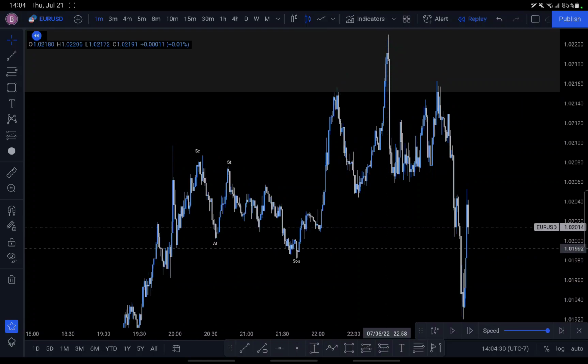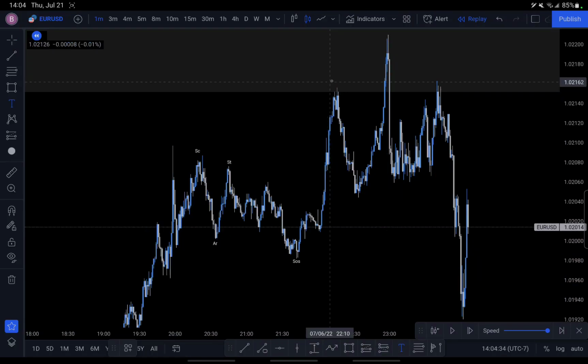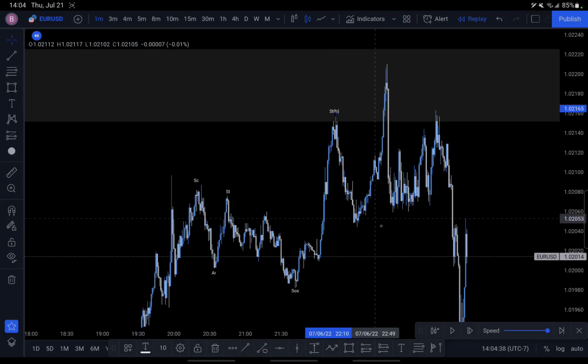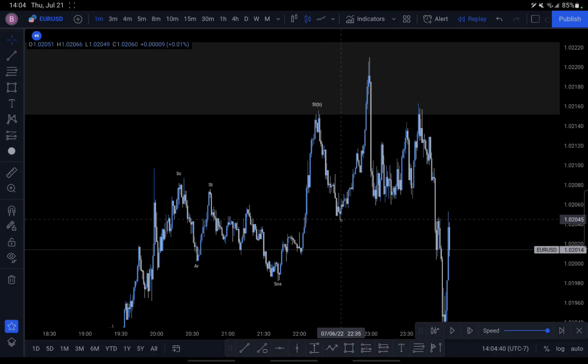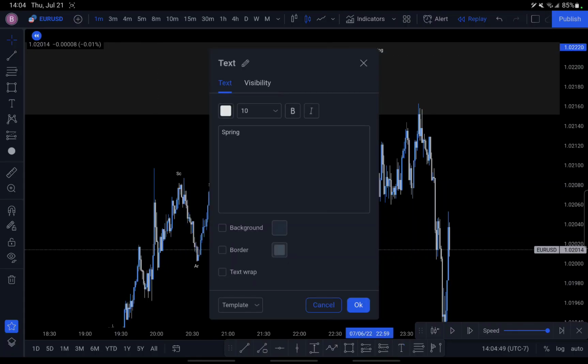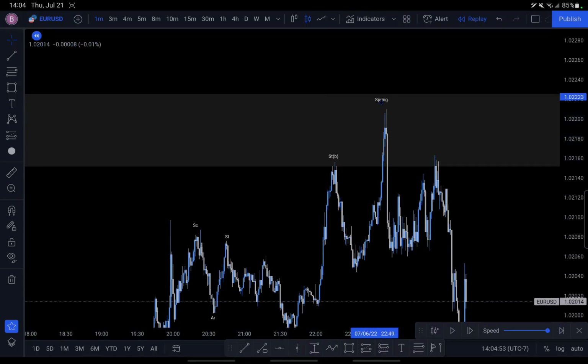Okay, before we hit our UT. Okay, price comes back down, fills imbalance in here, takes price up with our UTAD. Let me lock this up so it doesn't move.